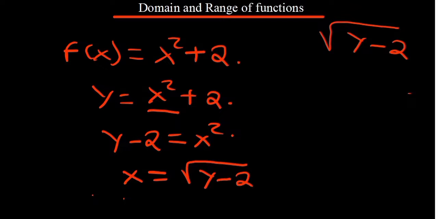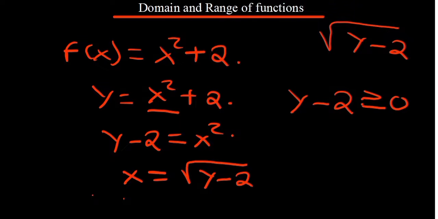Whenever you have the root of a negative number, it's undefined under real numbers. When you're talking about functions, we're not interested in complex numbers. So all the values under a square root should either be equal to 0 or greater than 0. So y minus 2 should be greater than or equal to 0.